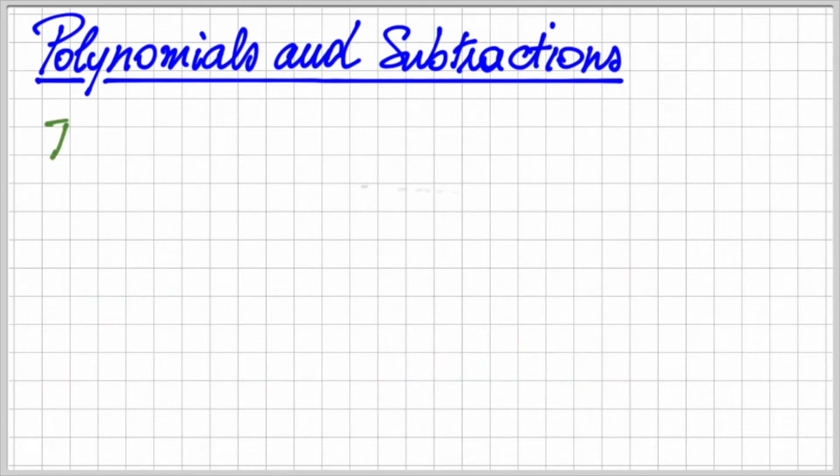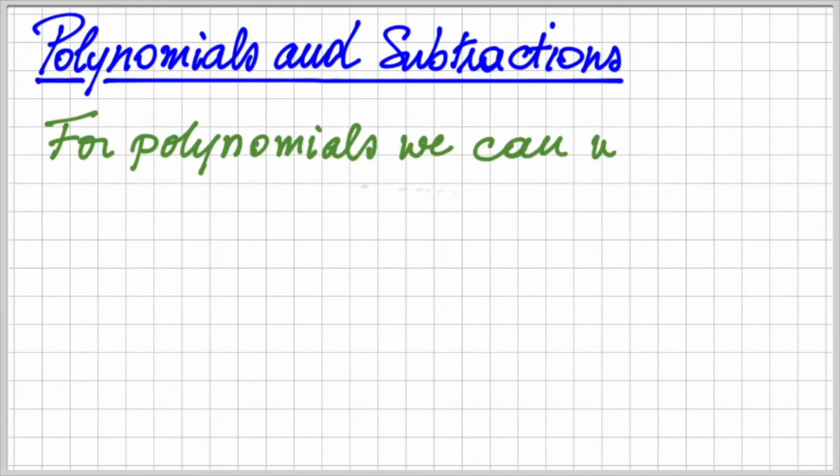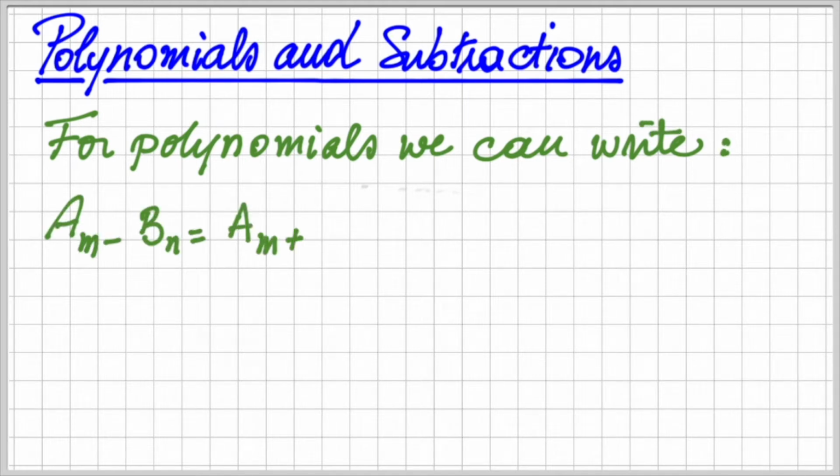Now we can do the same thing for polynomials. Basically we can also write that when we have two polynomials a_m minus b_n, we can write this as the sum of a_m plus the negative of b_n.